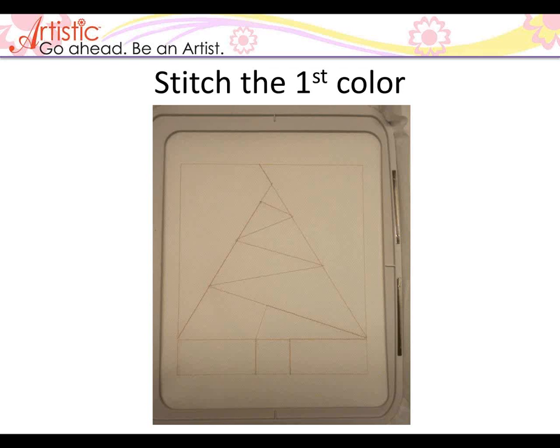So when I put my brown fabric over the tree trunk on here, I could actually see, make sure that it was covering that whole thing, and I made sure that it was at least 1/4 of an inch outside of that line.